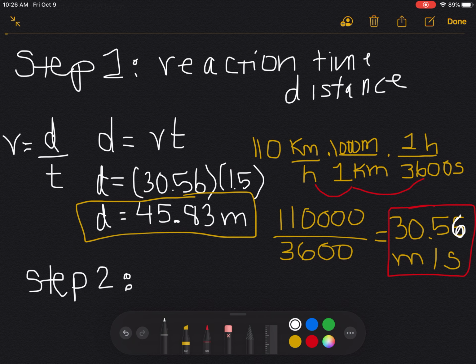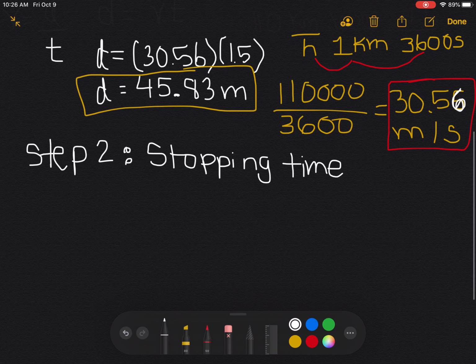So step 2 is finding out our stopping time. We need to find out what our stopping time is so that we can solve for our stopping distance. So to find our stopping time, we're going to use this formula. I'm getting these steps from the previous slide.